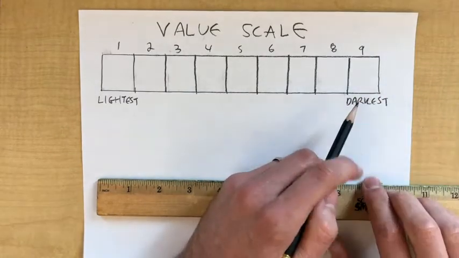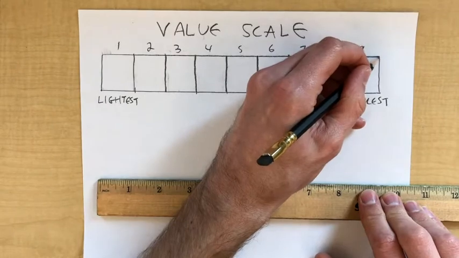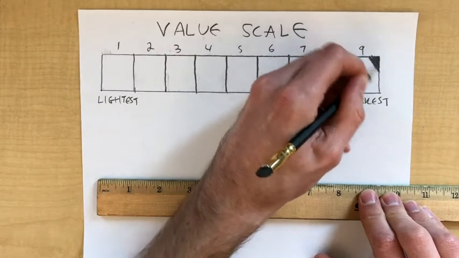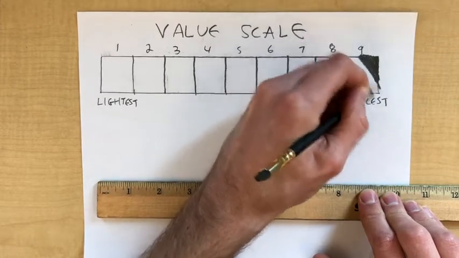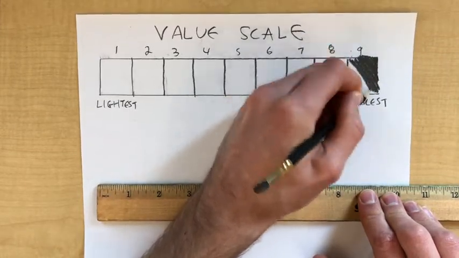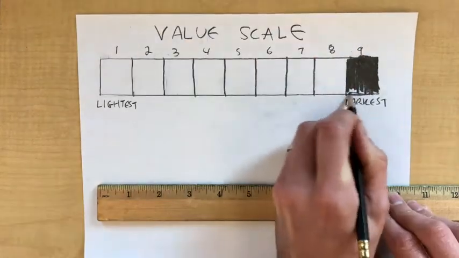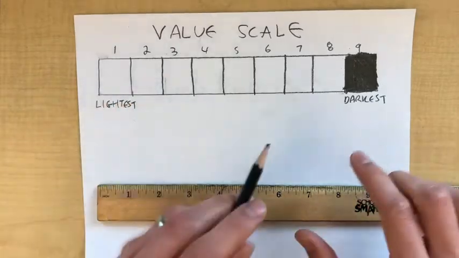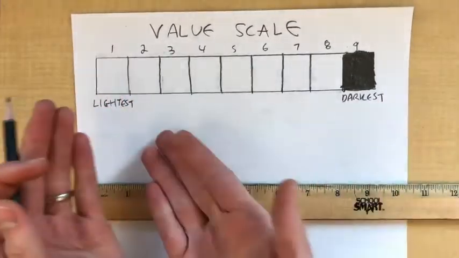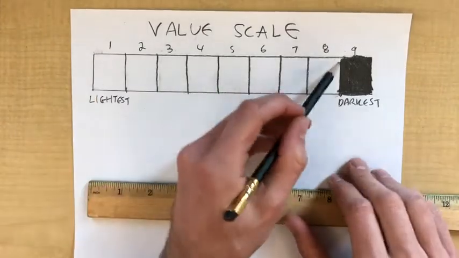So let's start with this one. And I'm going to use my pencil and I'm just going to press down as hard as I can and fill up that whole entire box to make it super, super dark as this pencil will allow me to go. Okay, pretty dark. Now, I've got my lightest and my darkest, but I still need to fill in everything in between. So I'm just going to slowly ease up on the pressure.